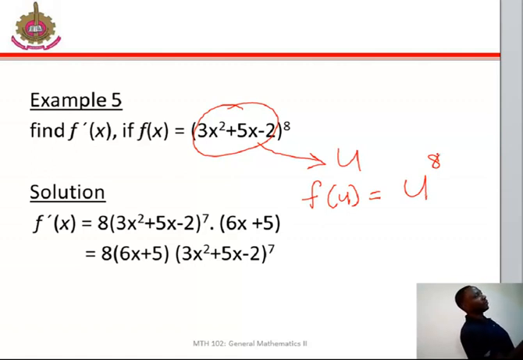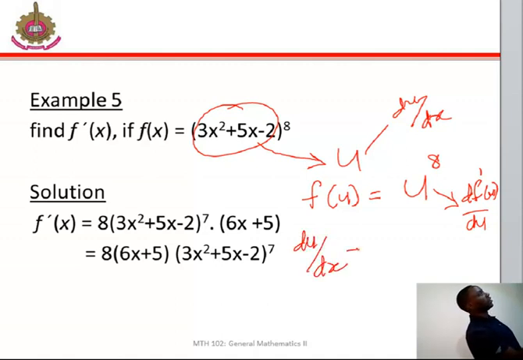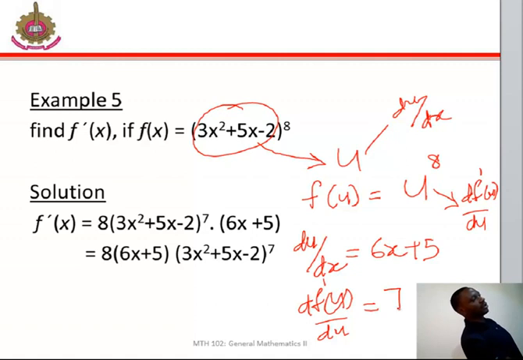So what we are going to do now, we are going to find the derivative of this, that is du/dx, and we are going to find the derivative of this, that is f prime u du, and we are going to multiply the two together in order to find our answer. So the derivative du/dx is going to be 6x plus 5, and the derivative f prime u is going to be 8u raised to power 7.